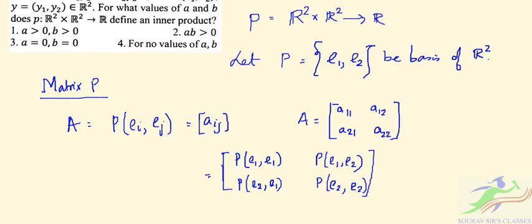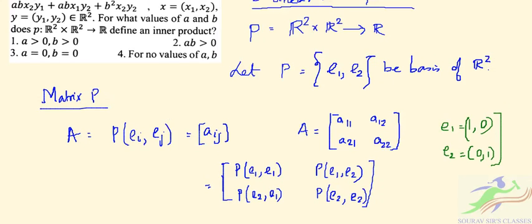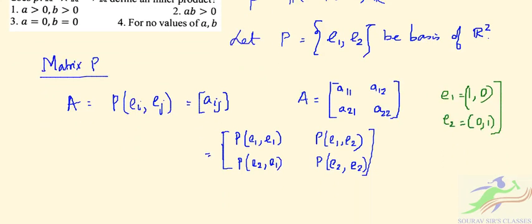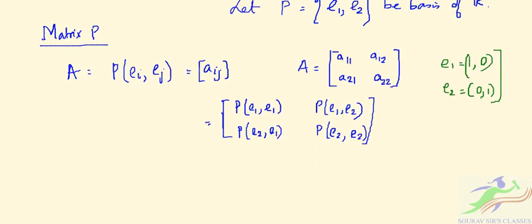We have considered E1 and E2 as the standard basis of R2, so E1 is (1, 0) and E2 is (0, 1). The given equation can similarly be represented in matrix form as a square, ab, ab, b square.